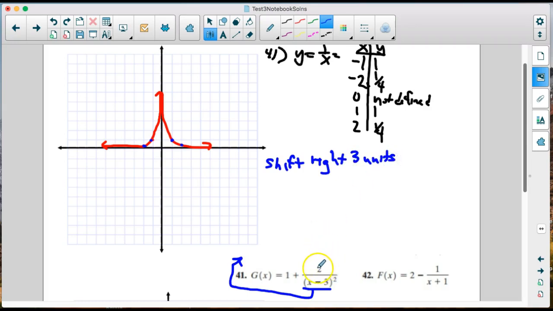The 2 multiplying is going to cause a vertical stretch by a factor of 2.